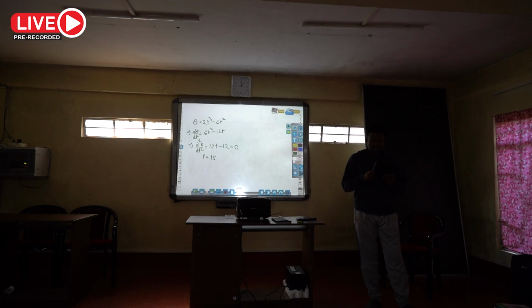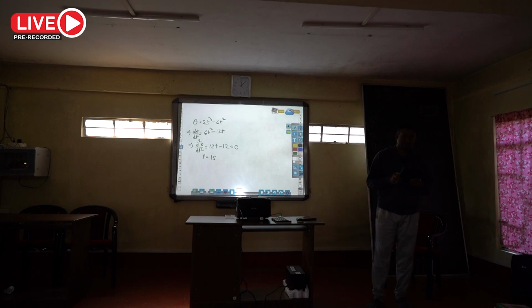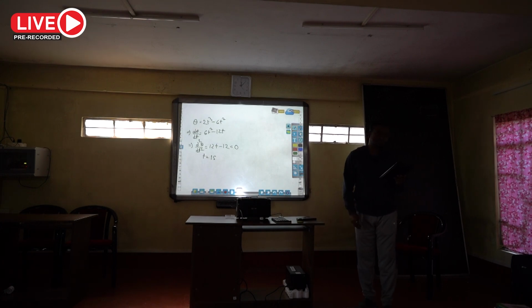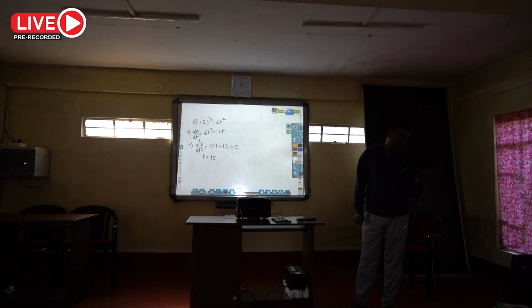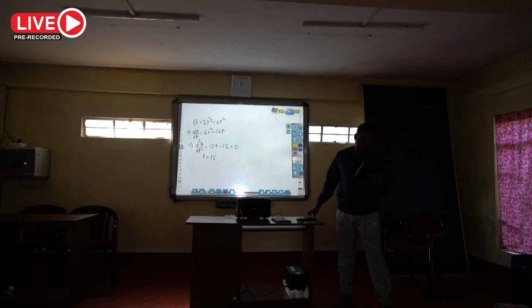a line perpendicular to the plane of rotation. Option B, the line making an angle 45 degree to the plane of rotation.